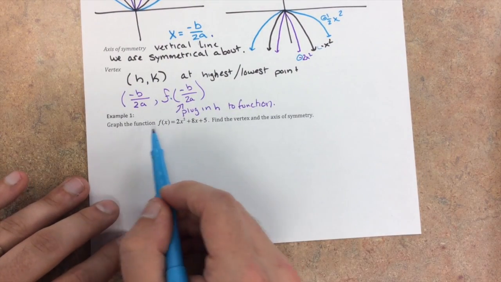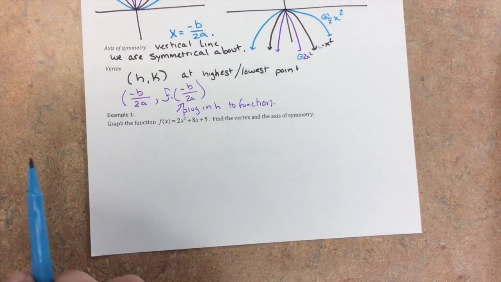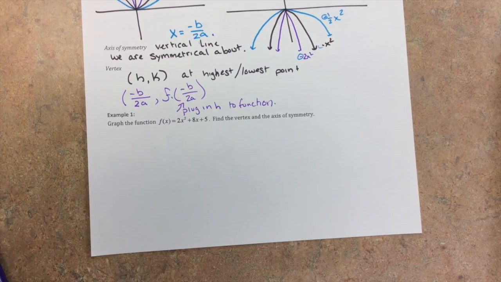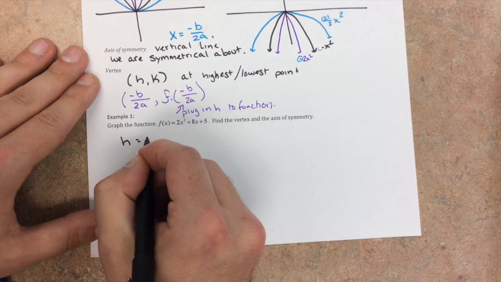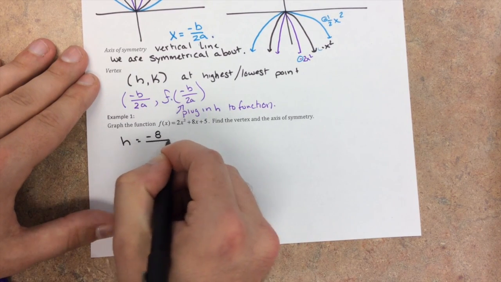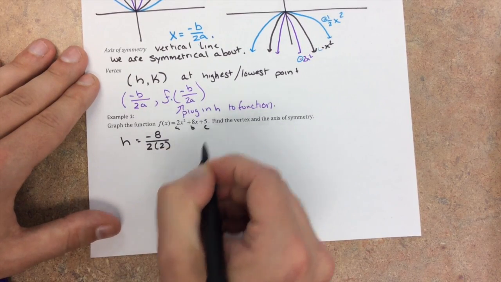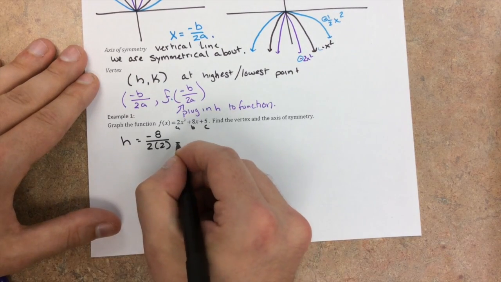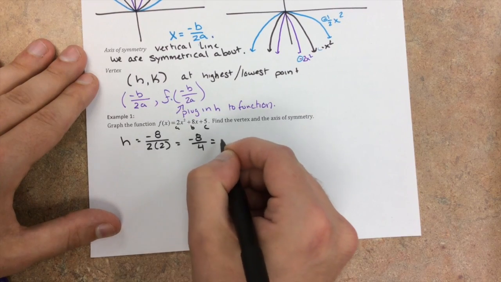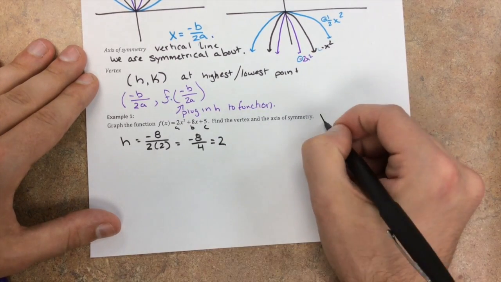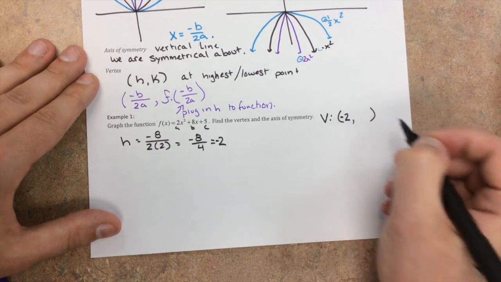Example 1. Graph the function, find the vertex, and the axis of symmetry. So let's first try this out. So the vertex, our h is going to be negative b, so negative 8 over 2a, because this is our a, b, c. The signs matter. So that gives me negative 8 divided by 4, which is negative 2. Okay, so my vertex should be at negative 2 comma something.